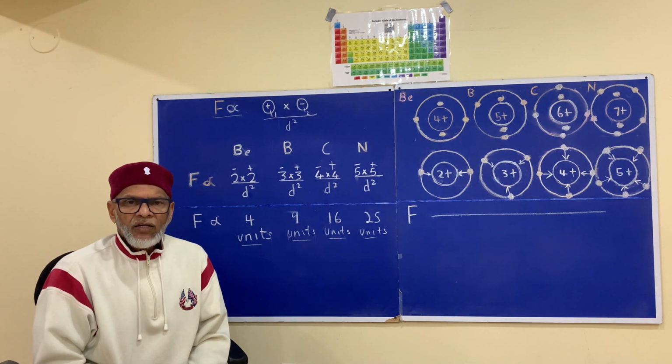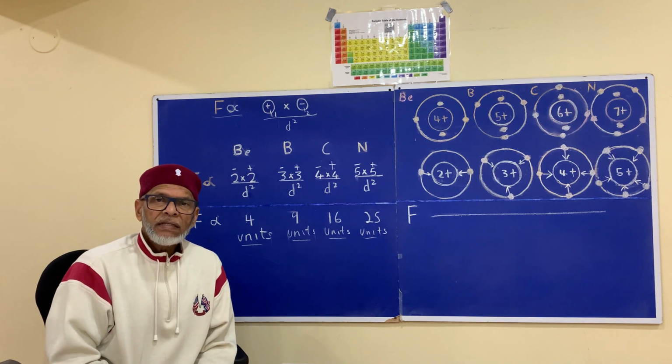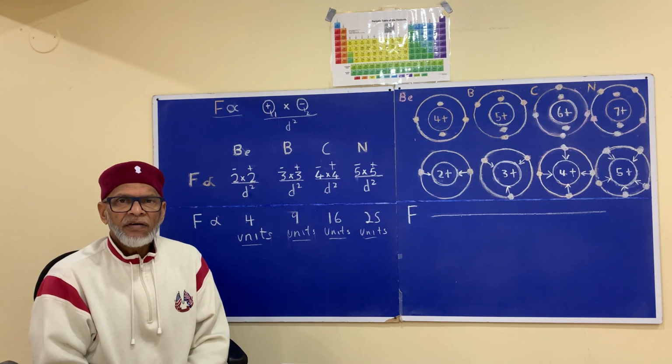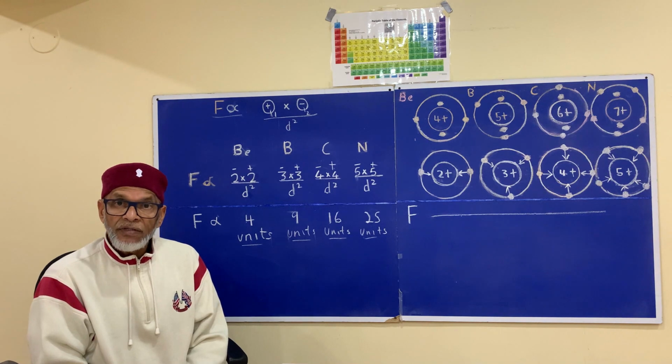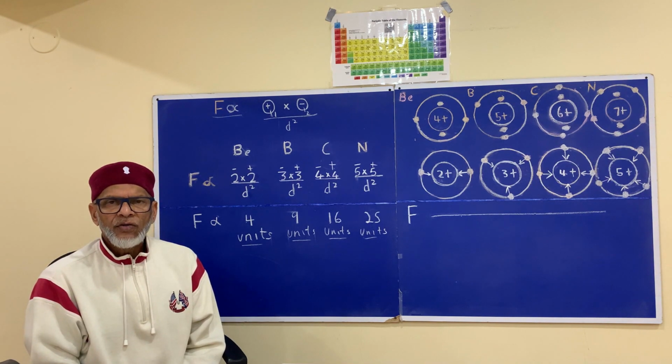To investigate Coulomb's law, we'll use magnetic forces to represent electrical forces, since magnetic forces are very similar to electrical forces. We'll first investigate how the magnitude of the opposite charges affects the force of attraction between the objects.